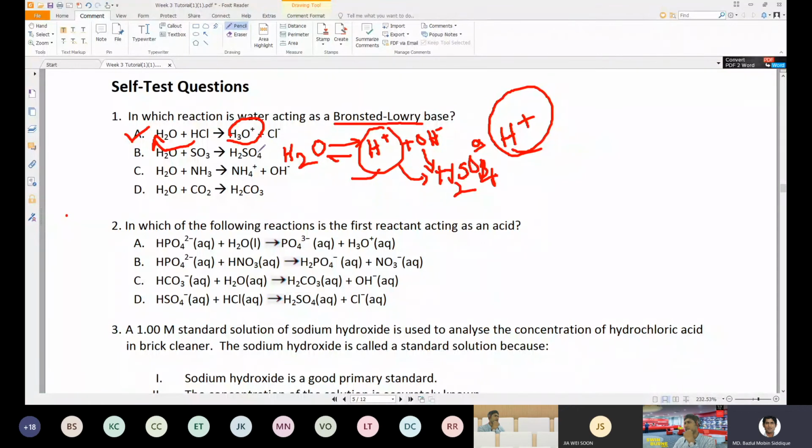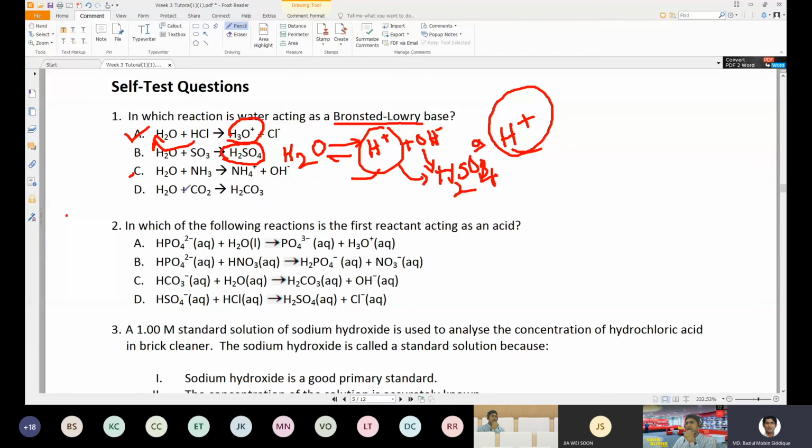So in this way, water is actually giving a proton or hydrogen ion to sulfur trioxide, and that is how they are producing H2SO4. So in this case, water is an acid. Same goes for C. Water is giving up one hydrogen or proton to ammonia, and it is producing ammonium ion, right?